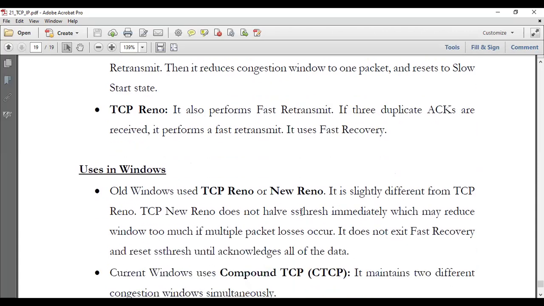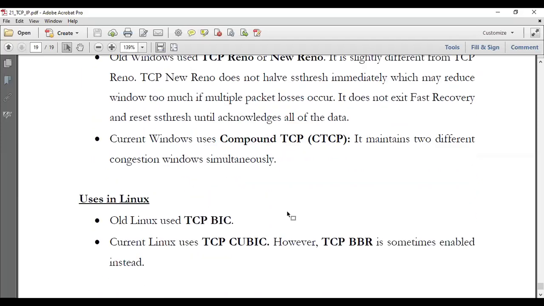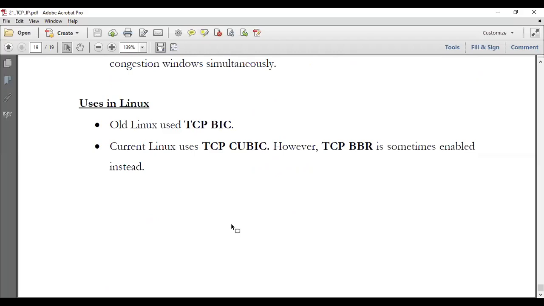There is some modification of Reno called New Reno. This is what Windows used to use, but current Windows uses a little more complicated TCP, where two separate congestion windows are maintained simultaneously. Linux uses some other versions.